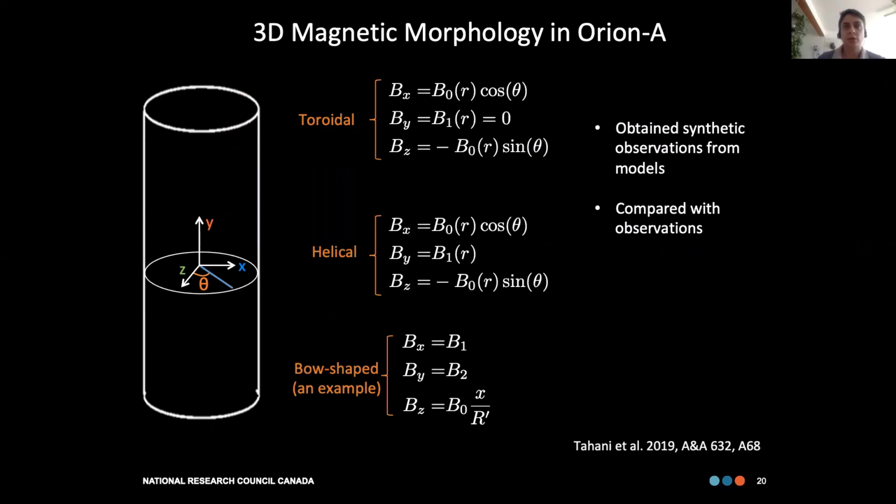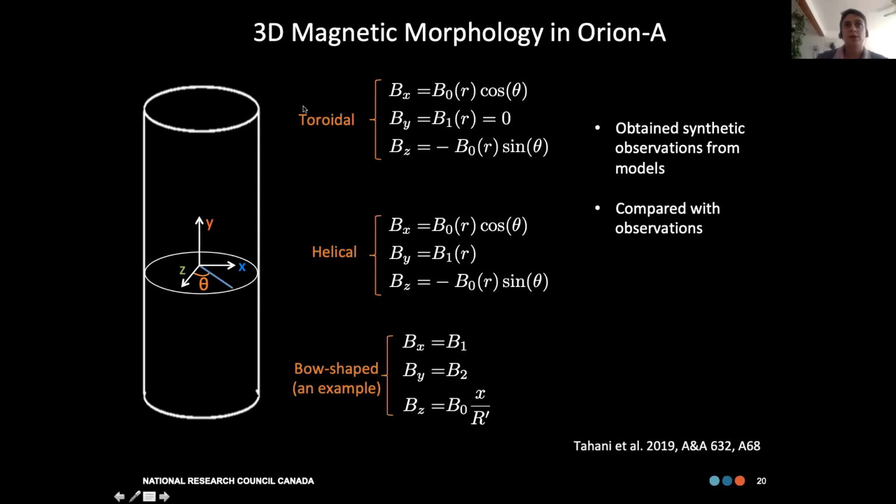I'm not showing the full equations or models here, but if you assume that the filamentary structure is just a simple cylinder in this frame of reference, with Z pointing toward us along the line of sight, X being radial in the plane of sky, radial away from the filament, and Y being along the main axis of the cylinder or filament.